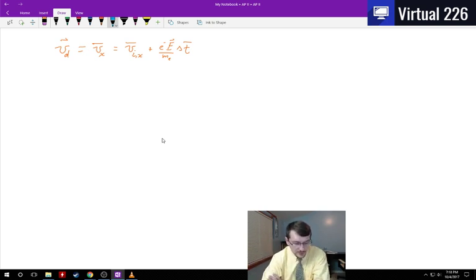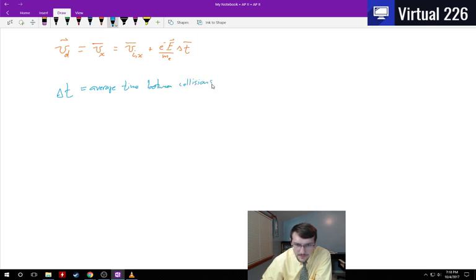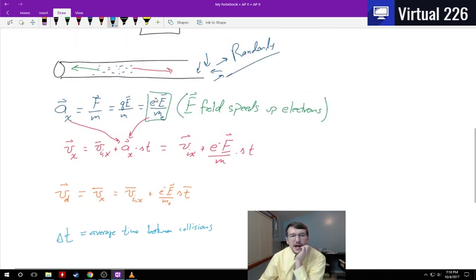We are going to state that this quantity, delta T, is the average time between collisions. Okay? Because as these particles are accelerating through this electric field, they can accelerate so far, and then boop, they hit an electron and have to bounce somewhere else.